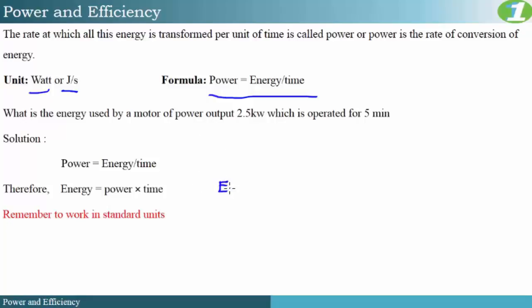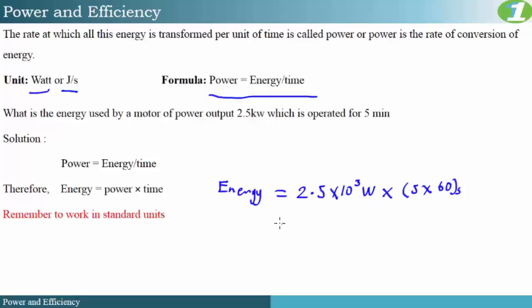So the energy of this system would be the power, which is 2.5 kilowatts, which would be 2.5 times 10 to the 3 watts, multiplied by the time in seconds, which given here in minutes would be 5 times 60, since 60 seconds make 1 minute. So that would be 5 times 60 seconds.